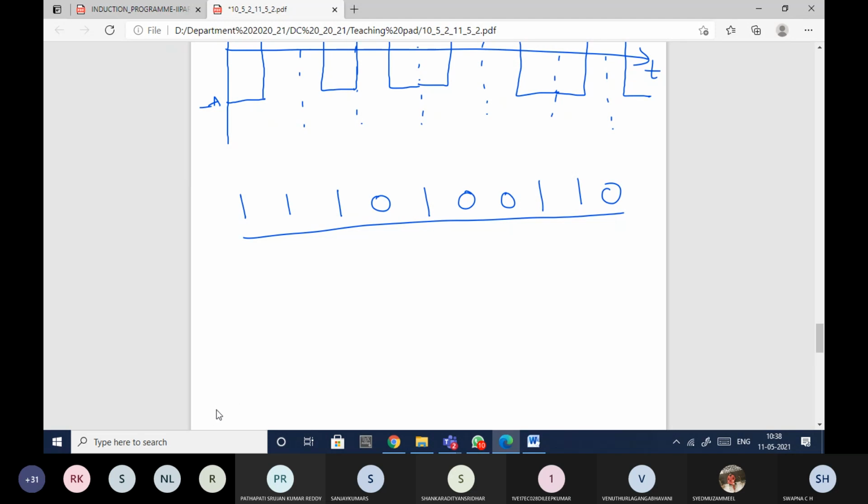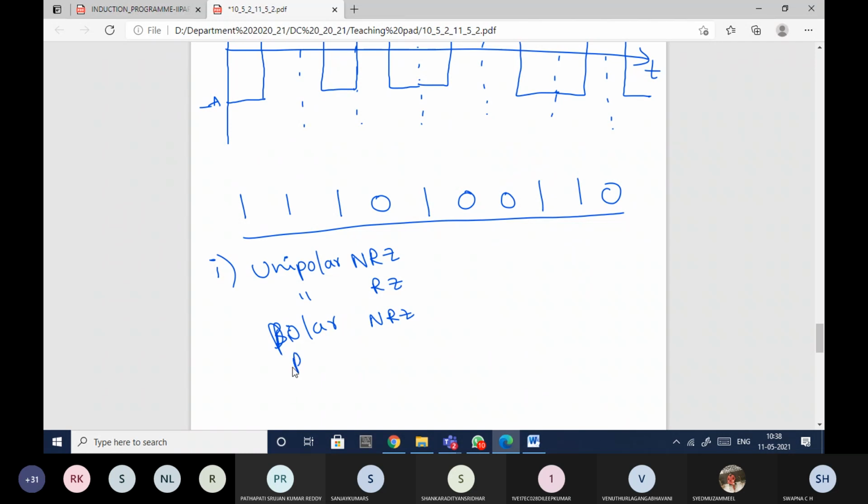The first one is unipolar NRZ. Here I've just mentioned all the formats. Next, unipolar RZ. Then polar NRZ.